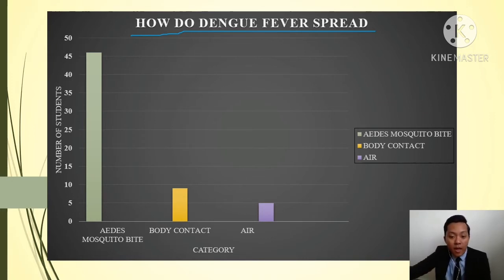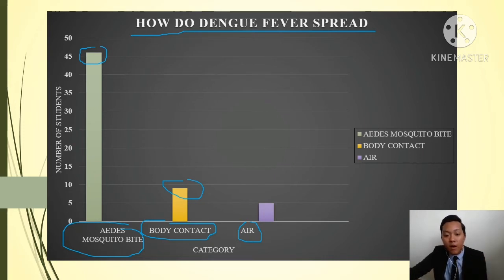There are 3 categories that students can choose, which are Aedes mosquito bite, body contact, and air. The bar shows that Aedes mosquito has 46 students, body contact has 9 students, and air has 5 students.